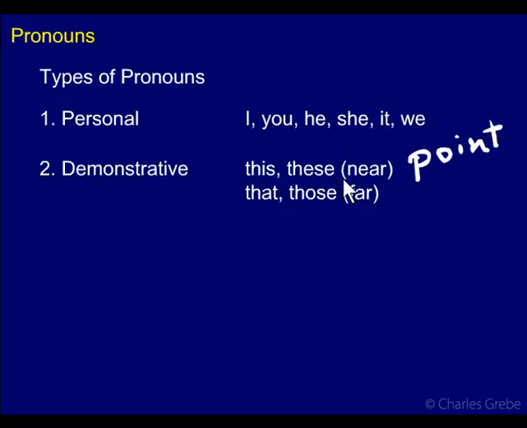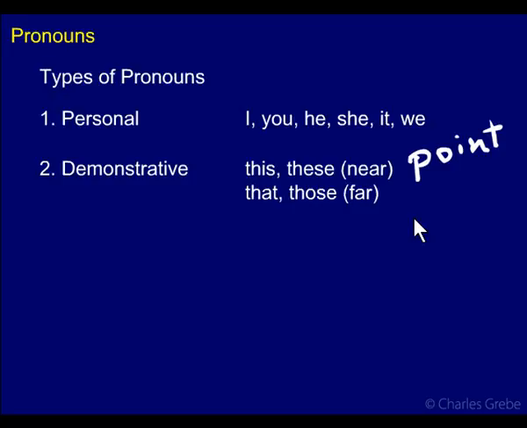Likewise, these would refer to a group of objects that are near, and those would be the corresponding far demonstrative. So this and these for near, and that and those for far. And in Hebrew, we'll have these, but we'll just add gender to them. So we have to make masculine and feminine forms for these.